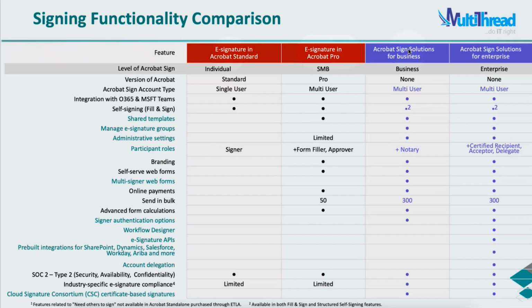Then the business version of Adobe Sign and the Enterprise. The main difference between the two is, of course, the integration functionality and the ability to have the workflow designer.